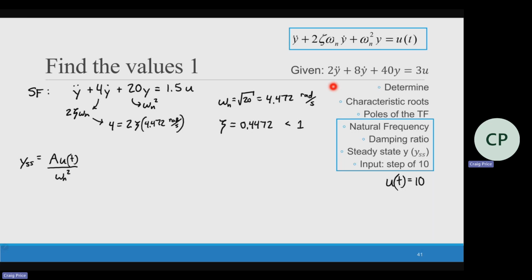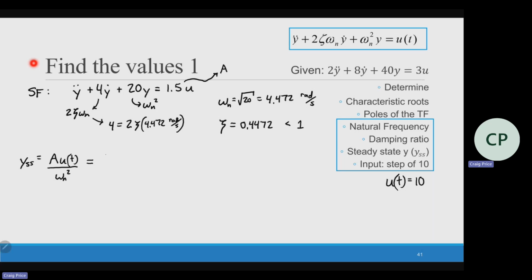Let's double check this. First off, what is A? Three over 2, or 1.5. I think maybe we've got to be careful. This is my standard form, so this is my A. That's my constant when I have it in standard form.